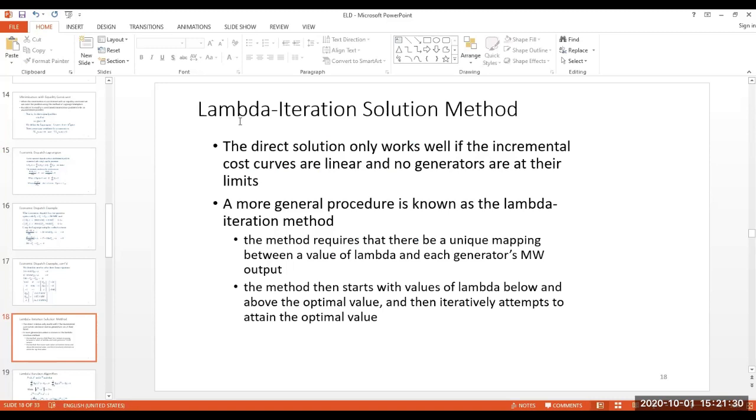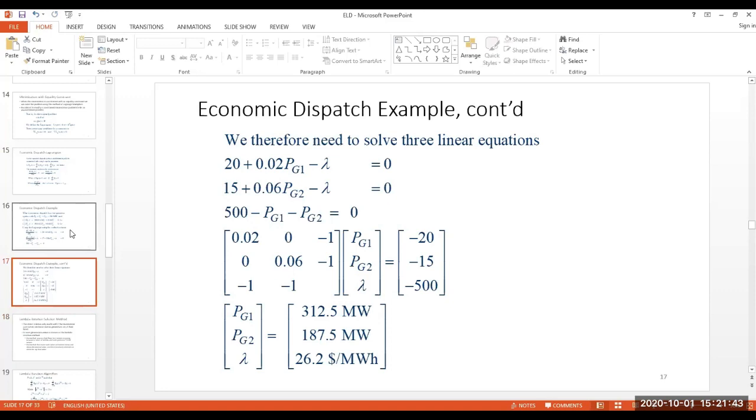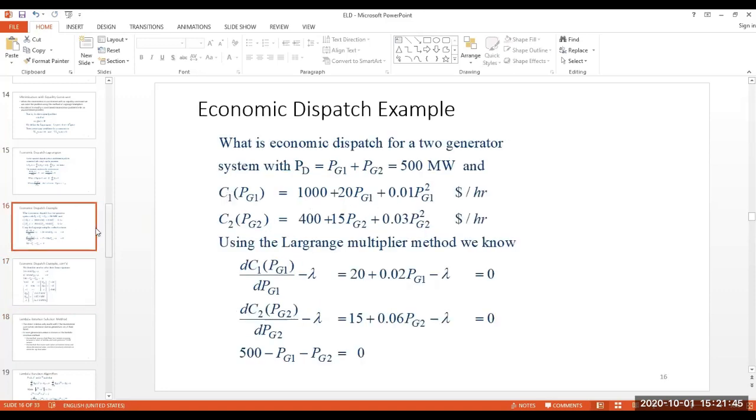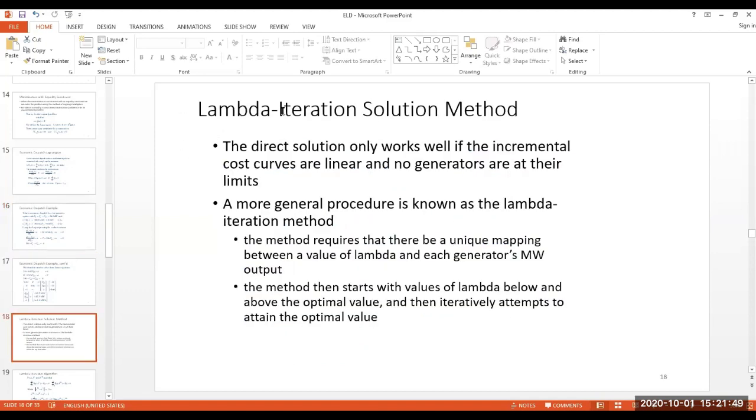Later on, when we incorporate inequality, let's say the generation limits, maximum generation possible and minimum generation possible, the solution method that we used in this example is not applicable. But the lambda iteration method, because it is an iterative method, will still be applicable for those inequality constraint problems.